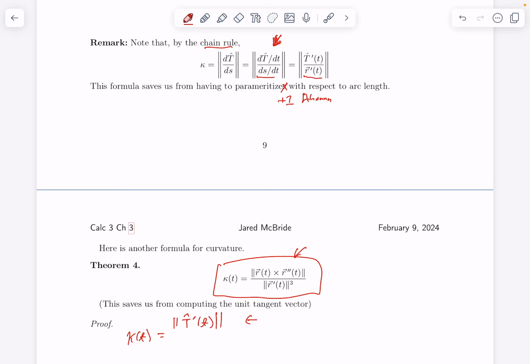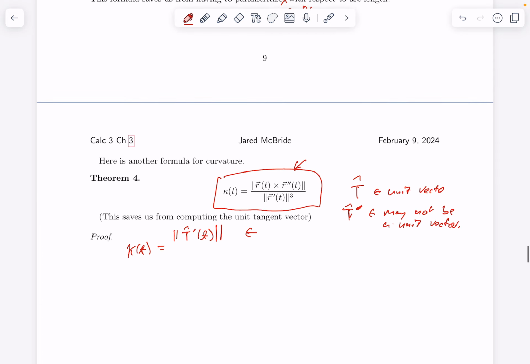Just remember, just because t hat is a unit vector does not mean that t prime, the derivative of a unit vector, will also be a unit vector.